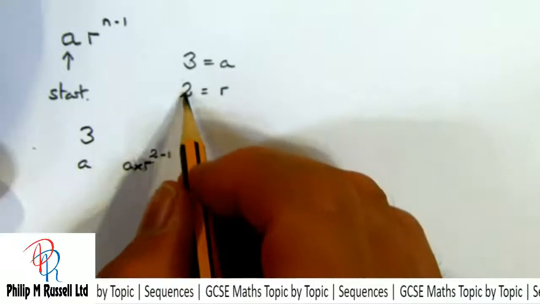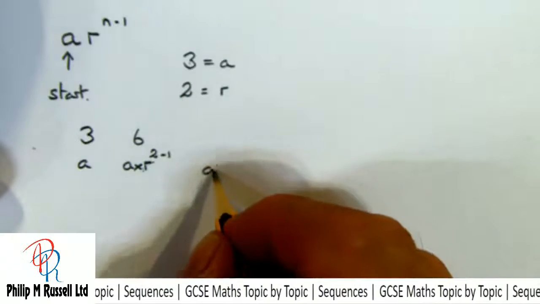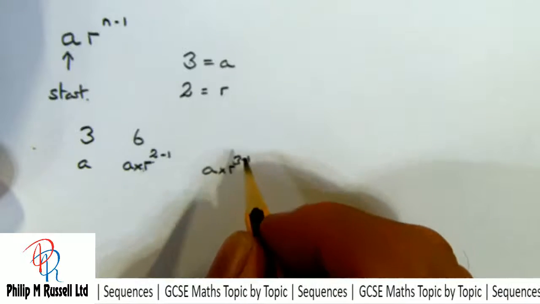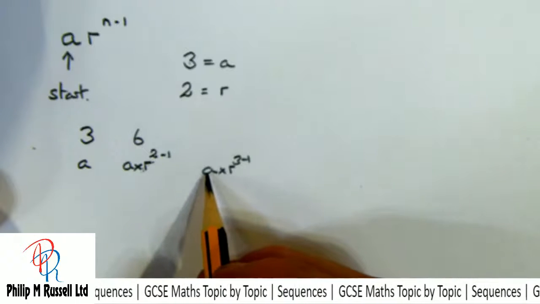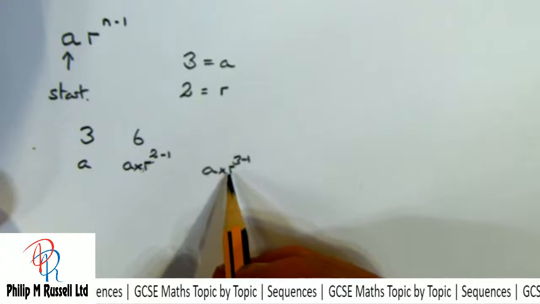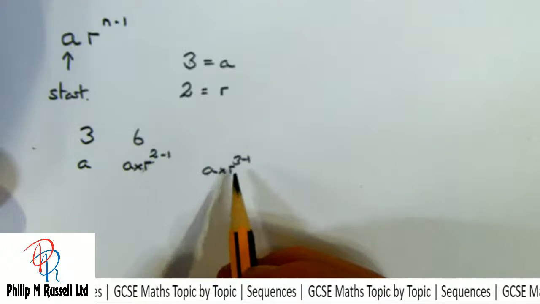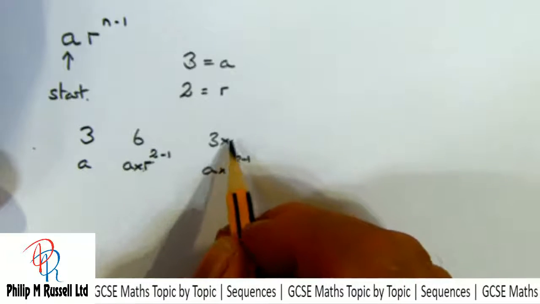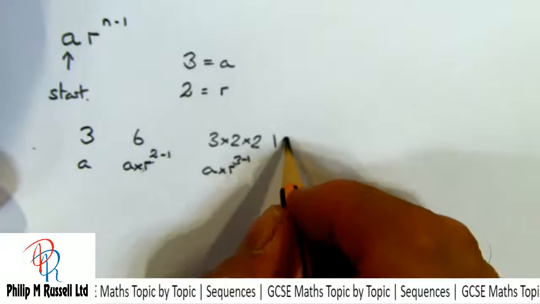So it's going to give me 2 times 3 is 6. Let's do our next one. A times r to the 3 minus 1. This is now going to give me 3 times 2, times 2. So we've got 3 times 2, which is 6, times 2, which is going to give me 12.